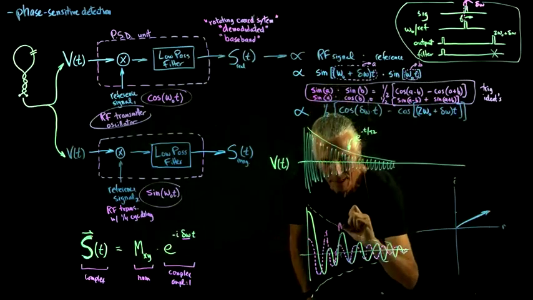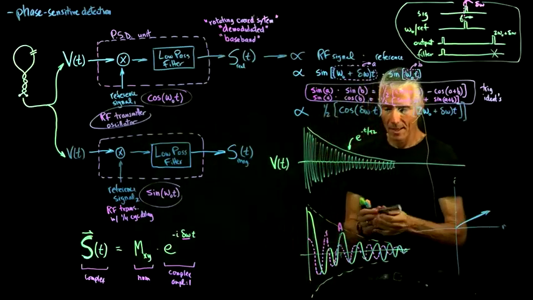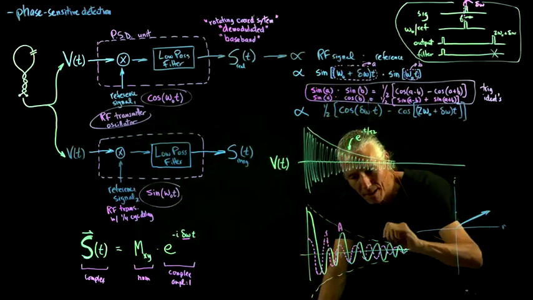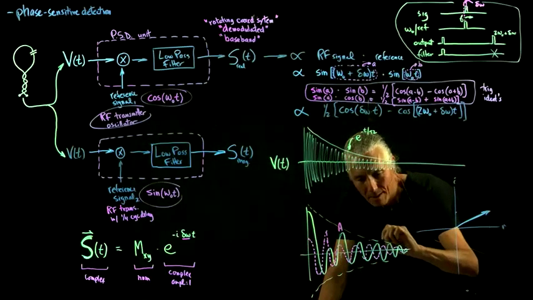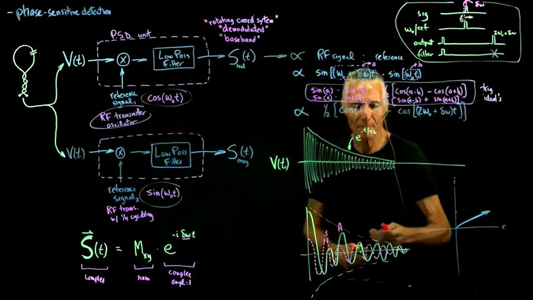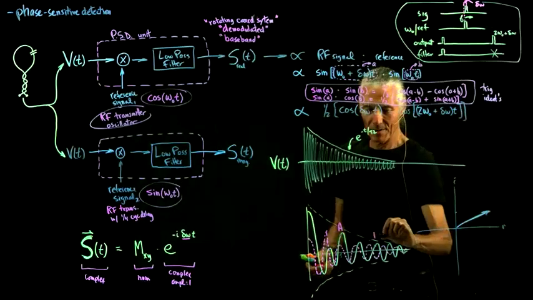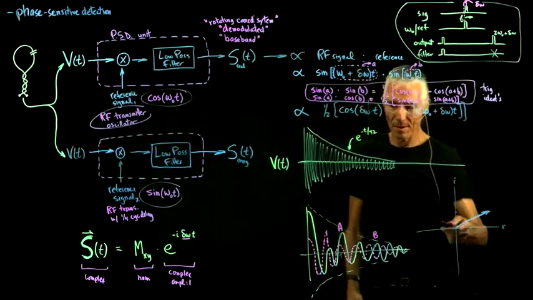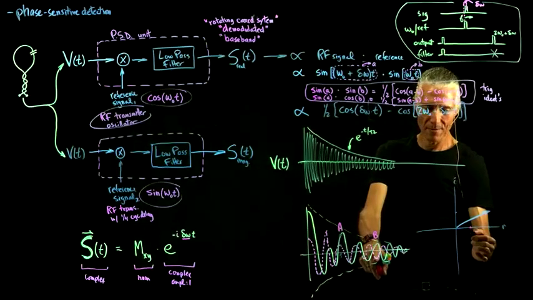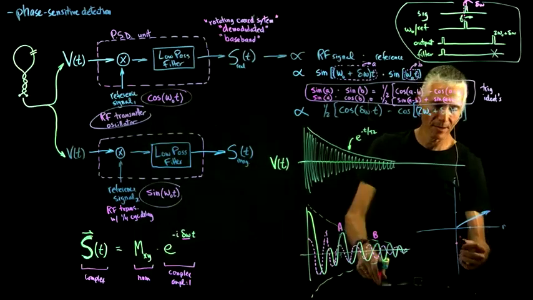And then if we go to some later point in time, let's pick another point, say this point in time right here. That's point B. Point B is going to have a smaller positive real number, and then it's going to have a negative imaginary number. So here's the imaginary axis, and it's going to have a negative imaginary value.